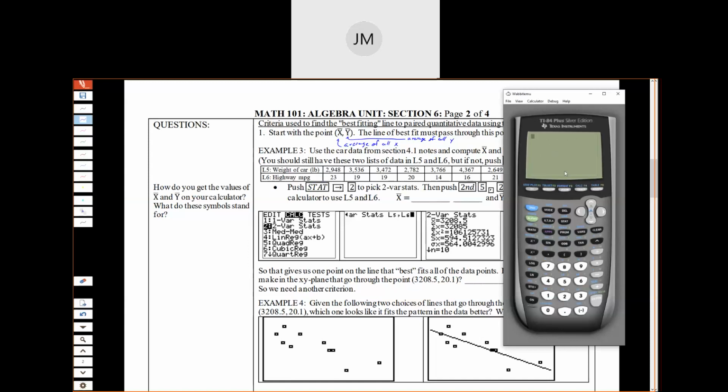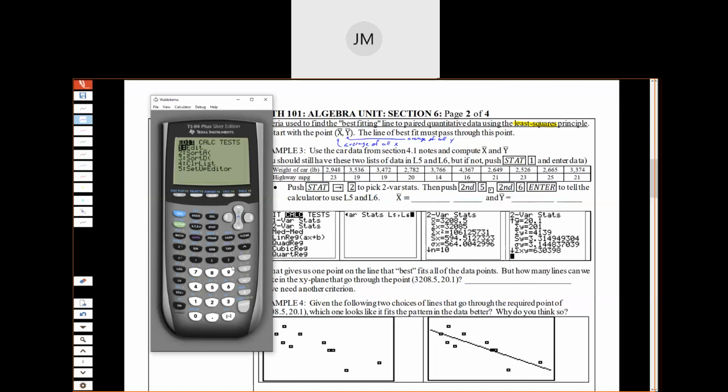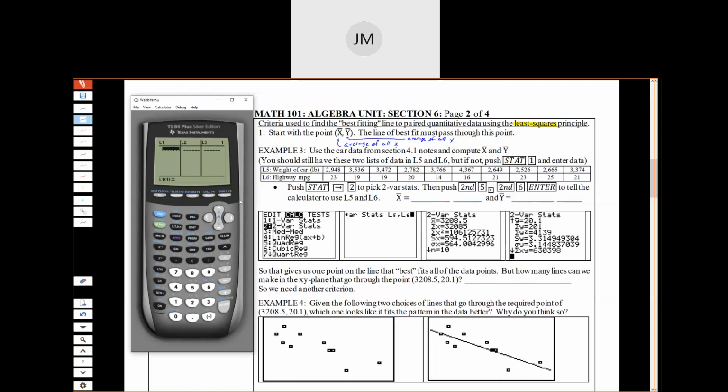I'm going to enter this data into my calculator. We're going to use this for a couple of examples in this section, so we're just going to keep it. On the notes, it says put this in L5 and L6, because we're going to use this in more than one example, and that way we don't end up erasing it if we go do a different problem. So I'm just going to put these over here in L5 and L6.